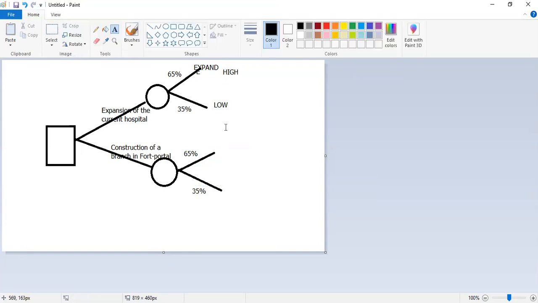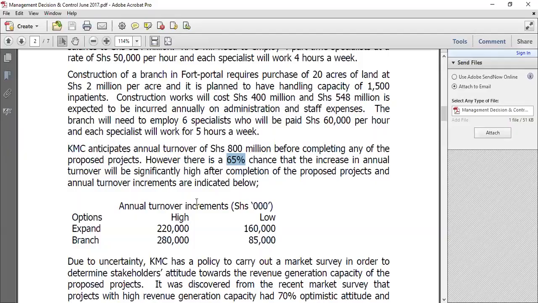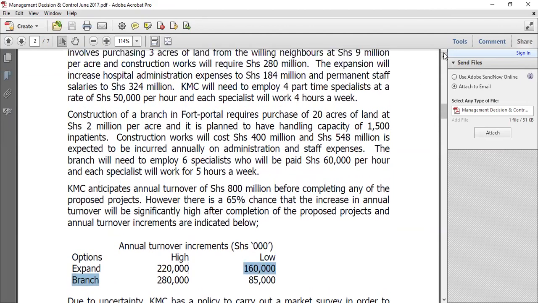Okay. Now they have given us what? They have given us respective values here. Okay. They are telling us that annual turnover increments for high and low when under expand. So you're able to incorporate these increments, okay? The 220 and 160, and then the 280 and 85, okay? But what you should not also forget is what we are calculating here, okay?